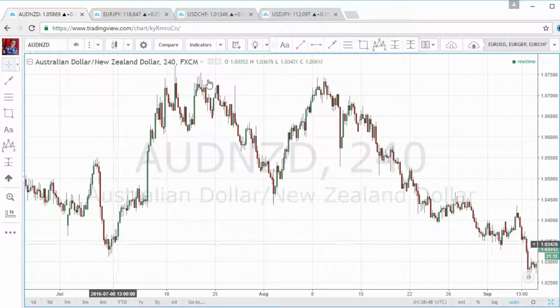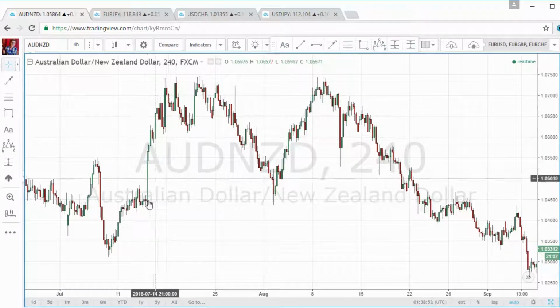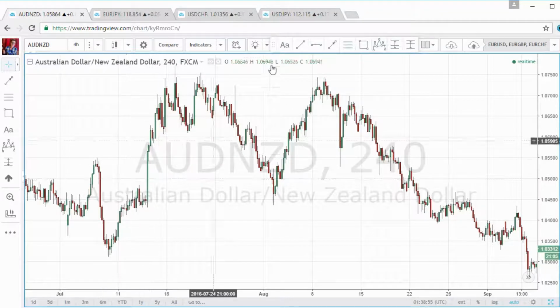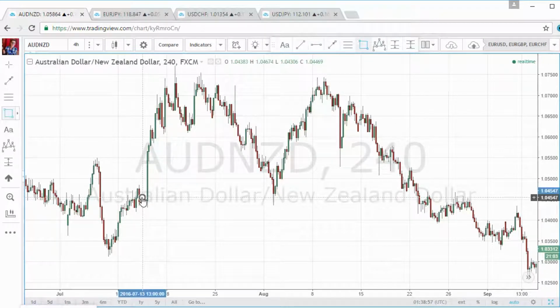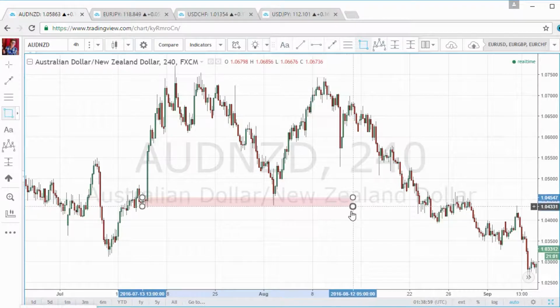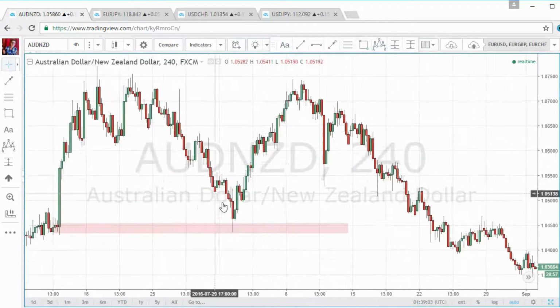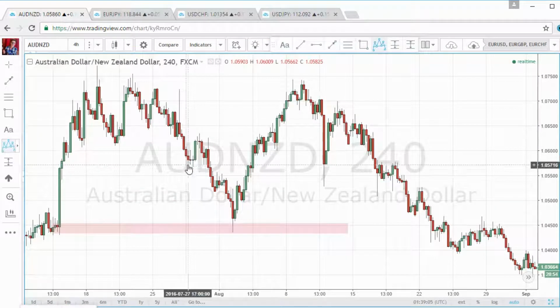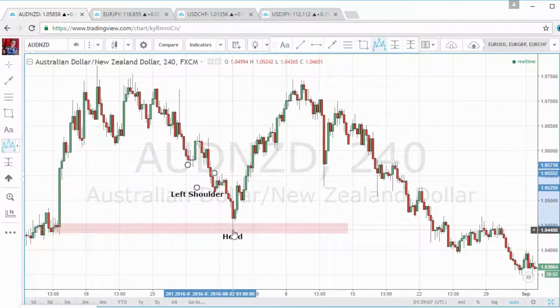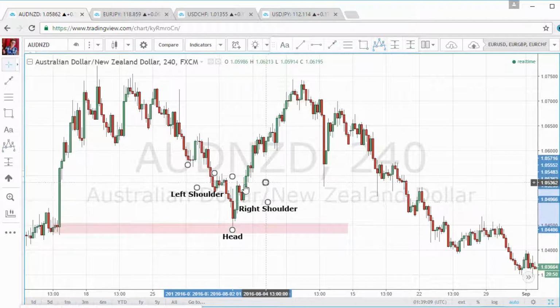You can see that we are coming from a rally, small consolidation, and then we have this explosive move out of this area. So we can draw our support and our demand area here, and you can see again we dip into this area. This time we probably even have some type of left shoulder, the head, and the right shoulder.